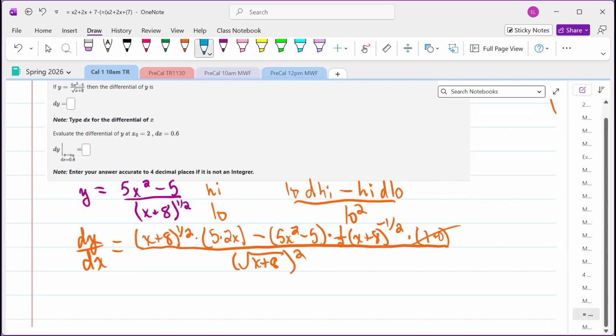Now, the second question here is saying, evaluate the, well, okay, sorry. I forgot one step. We had dy dx. We need it to be just dy by itself. So I got to multiply by dx. So after I type that whole ridiculous fraction, at the very end, I should have times dx outside the fraction.